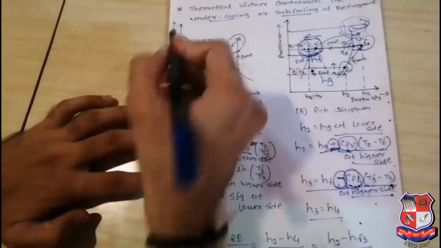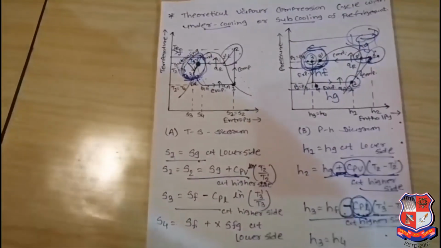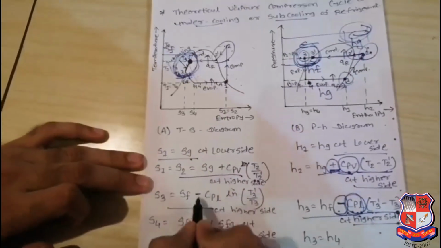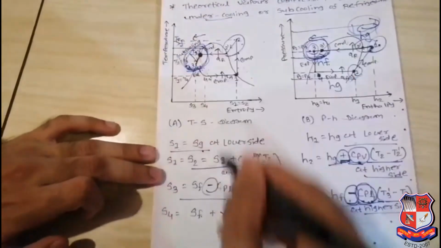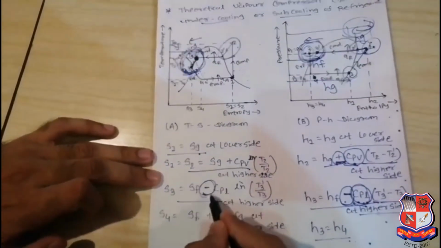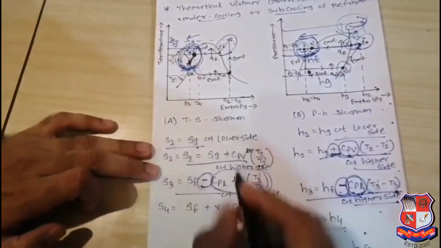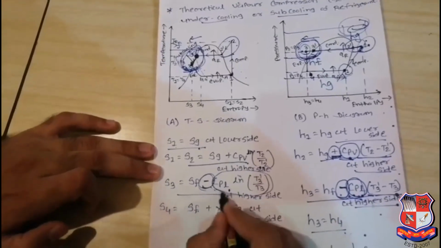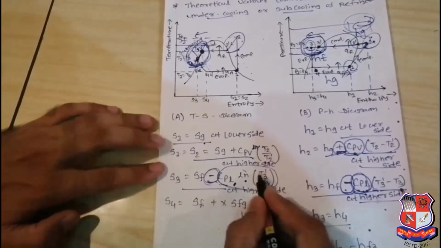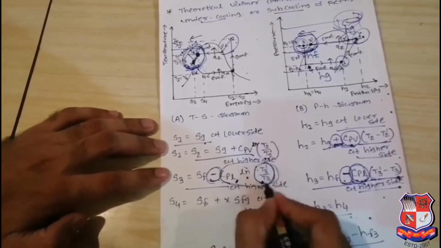Then it will be minus, because we are going in the opposite direction, and for that distance it is CPL, the specific heat of the liquid, times ln(T3 dash by T3). You can see here both are different, superheated as well as subcooling.